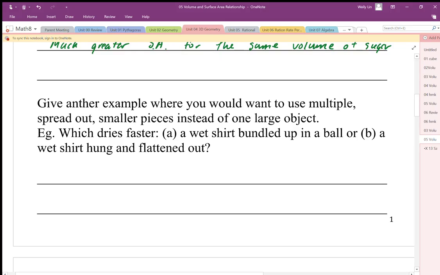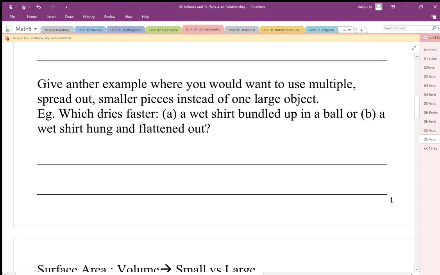Obviously the one that you flattened out and hung, because you increase the amount of surface area for that same volume, and that allows the air to interact with the water molecules and pull them off of the shirt and evaporate. So that would be another example.